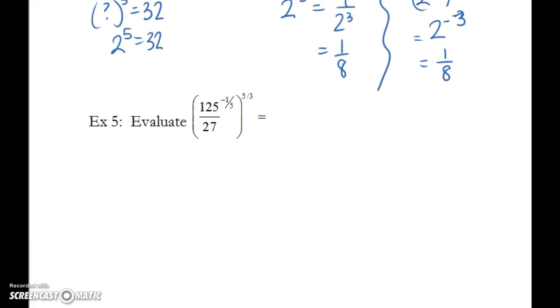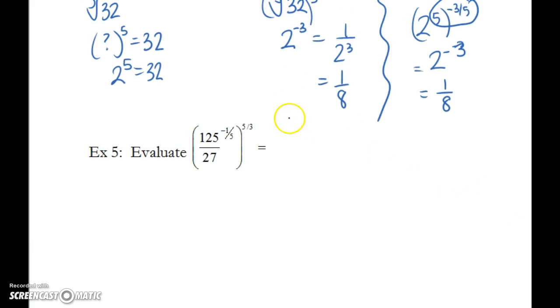All right, our final example here, again, we have a power raised to a power, so you can multiply those two powers together. We get 125 over 27, and when you multiply, we'll do it on the side here, negative 1/5 times 5/3.